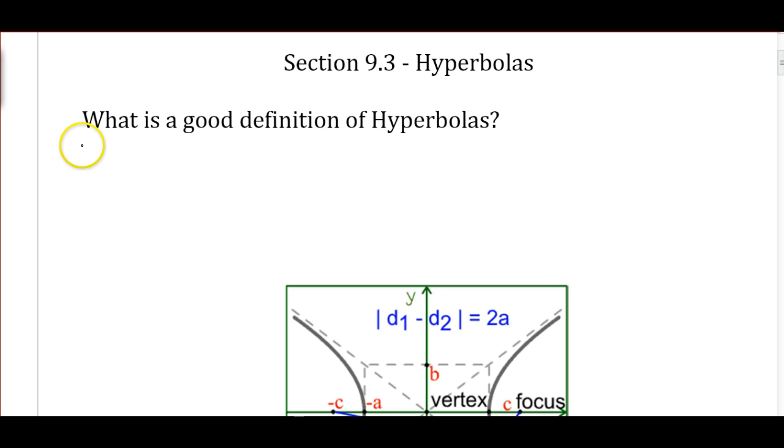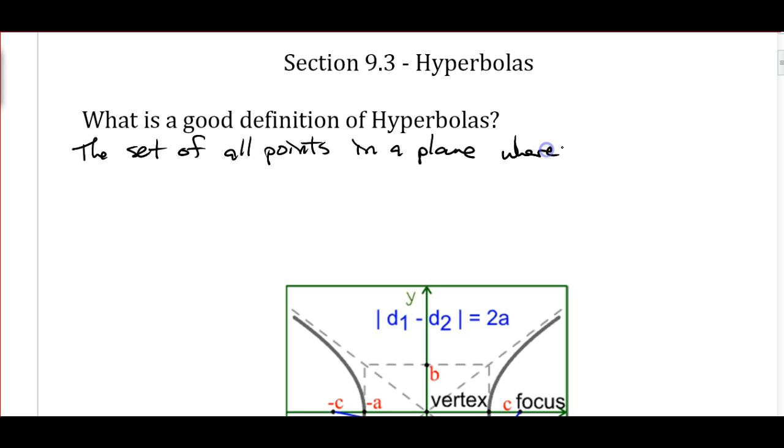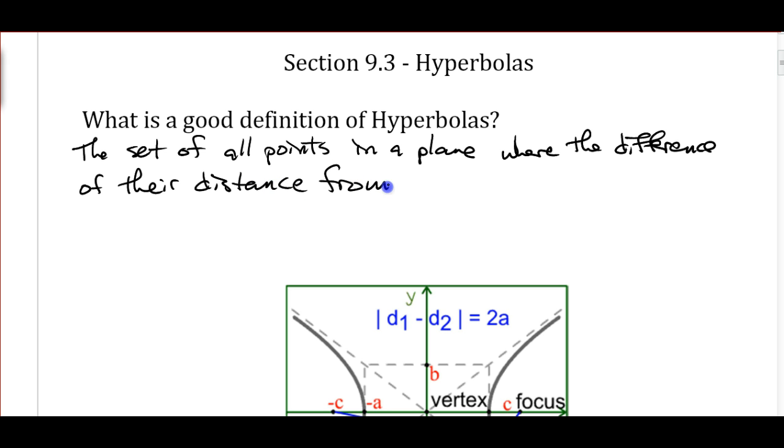So for a hyperbola, it's the set of all points in a plane where the difference of their distances from two fixed points, and again these are called foci just like they were for ellipses, except it was the sum of their distances, is constant.